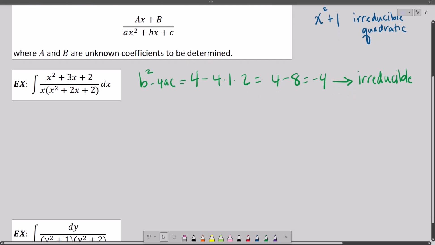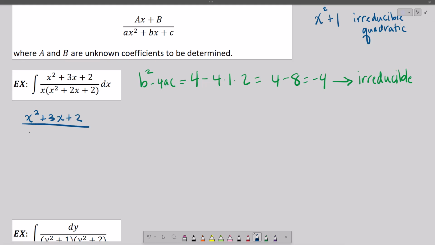So here, we'll take our integrand and rewrite it as A over x. So there's the linear factor, and then this is an irreducible quadratic, so we have to have a linear expression in the numerator of that. That will be our setup.